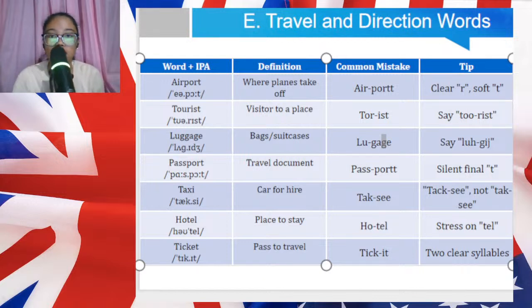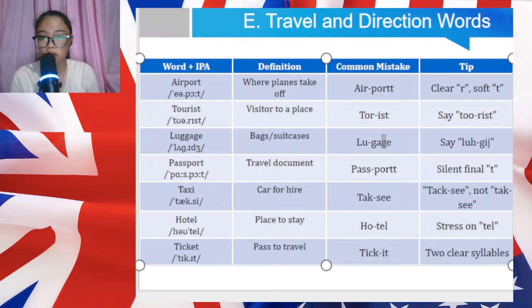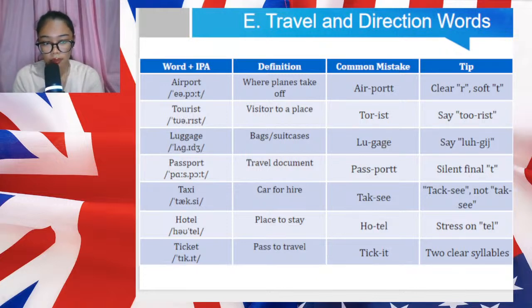It can be the sound g, or it could be j, like the letter J. That is where the confusion is over how this particular word should be pronounced.